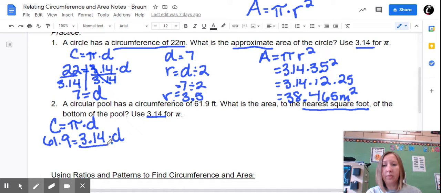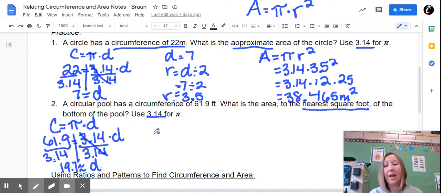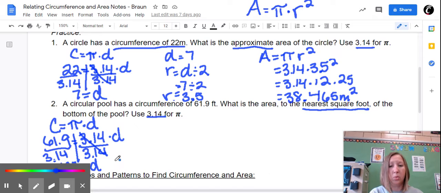So again, I'm going to divide by 3.14 on both sides. And that is going to leave me with a result. It's actually going to be about 19.7, but I am going to round it because, again, it says nearest square foot, so we are going to round that up to 20.